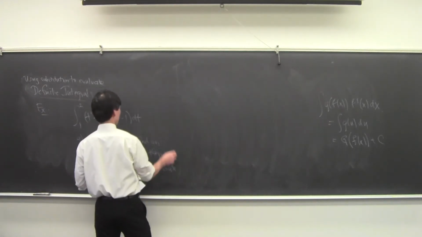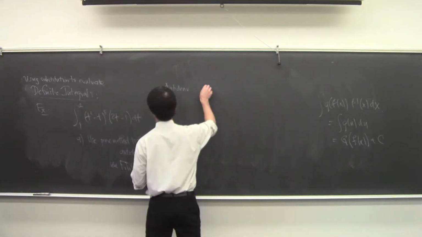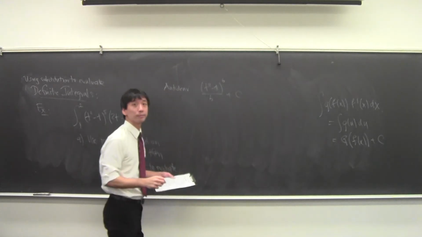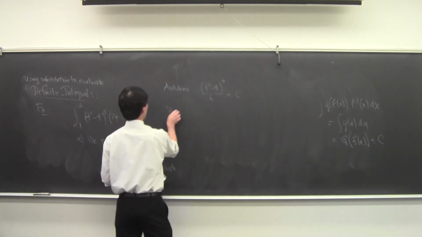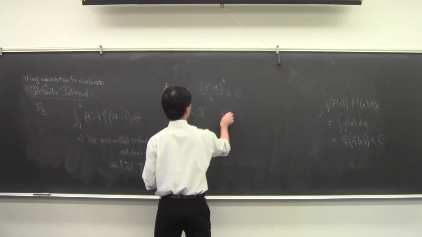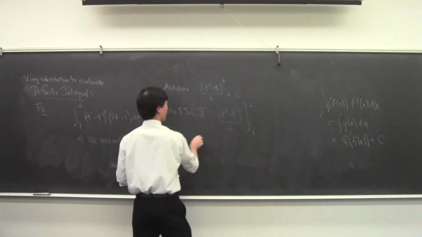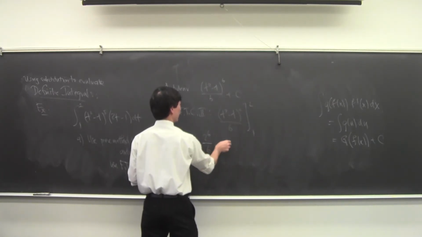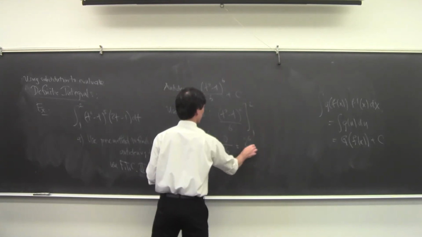So the antiderivative would be u to the 6 over 6 plus c, right? And then you use the fundamental theorem of calculus 2, and you evaluate that thing between 1 and 2, right? And so you get 2 to the 6 over 6 minus 0 over 6. Okay, so you get 2 to the 6 over 6.